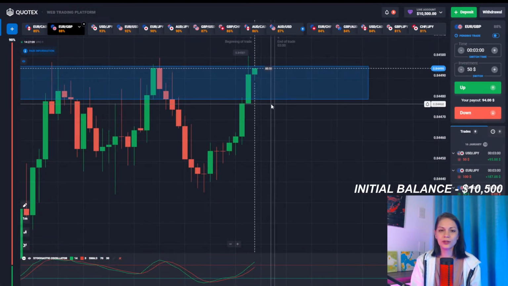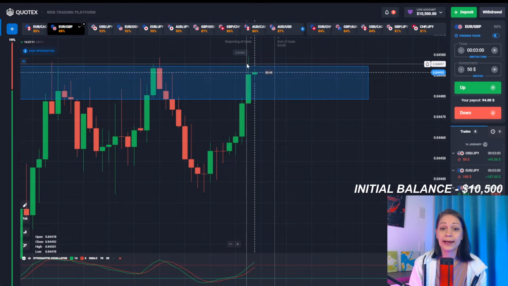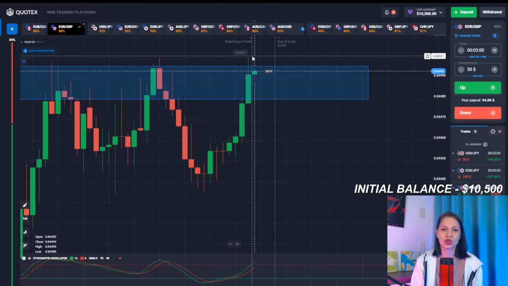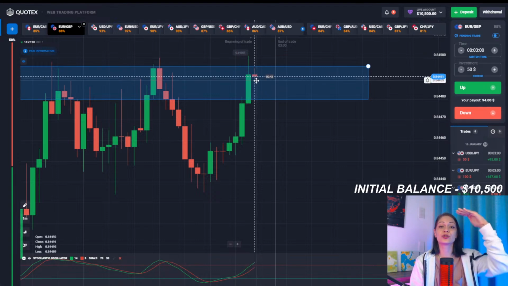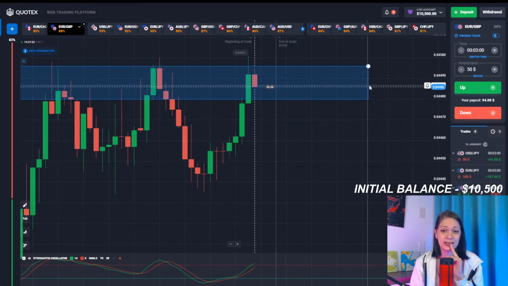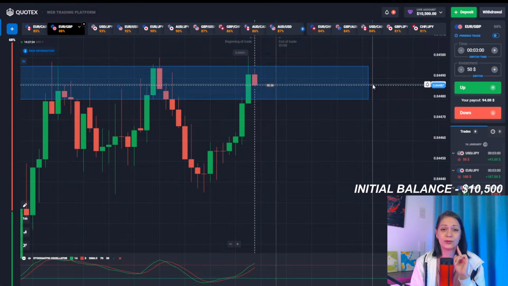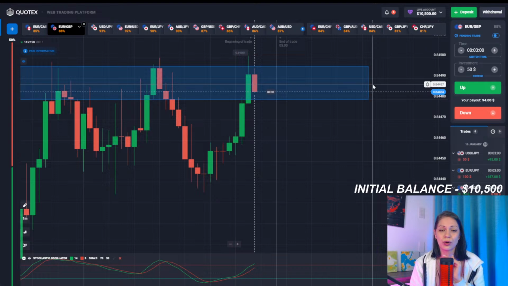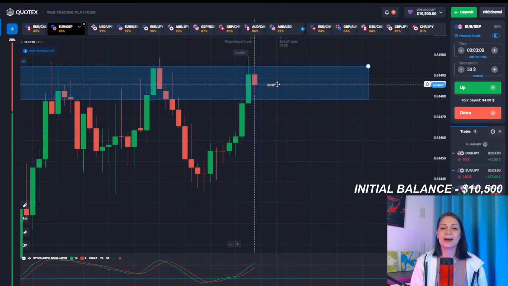Looking at the chart, I already like this huge shadow on the top. It means that the price grew and then it was pushed downwards, and we need additional confirmation from this candlestick. On the basis of all of this knowledge, we can open a deal on Euro/GBP for a downward trend.